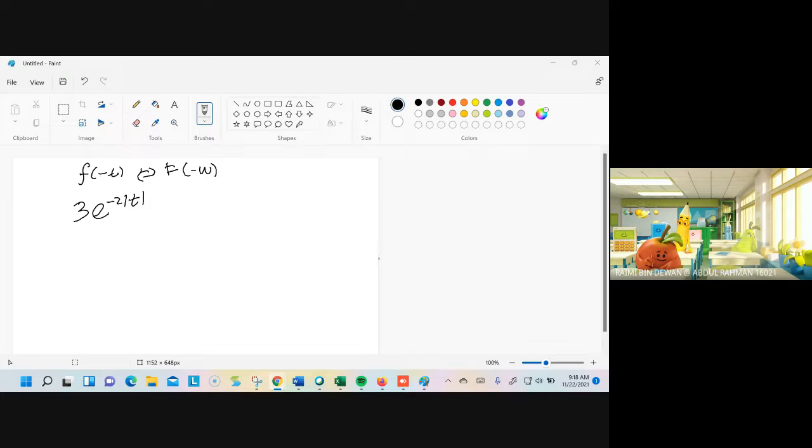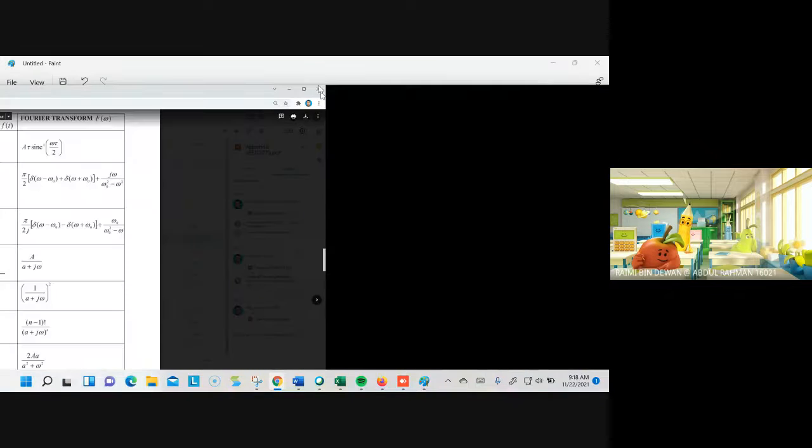So you see from your table, you can get this from the table, given this exponent. We see from the appendix.